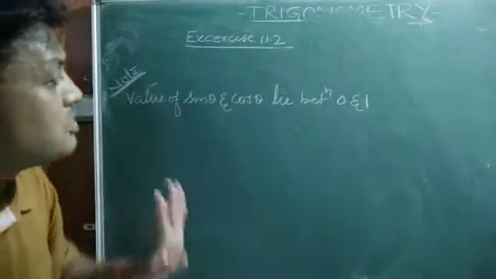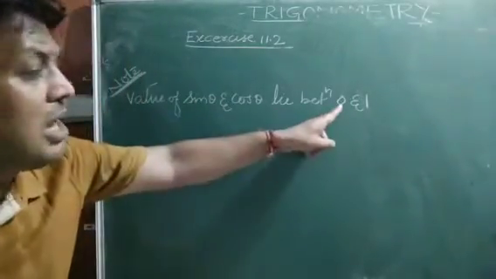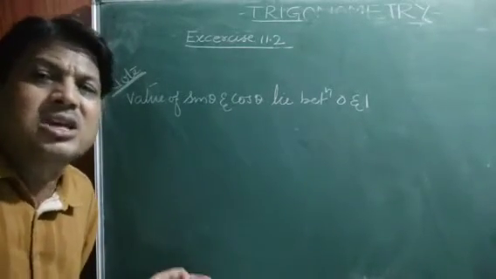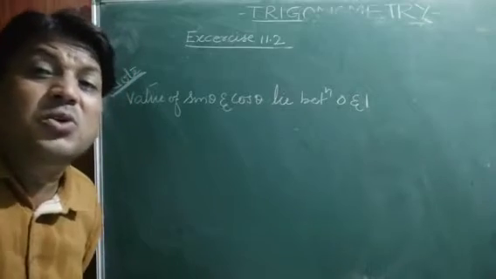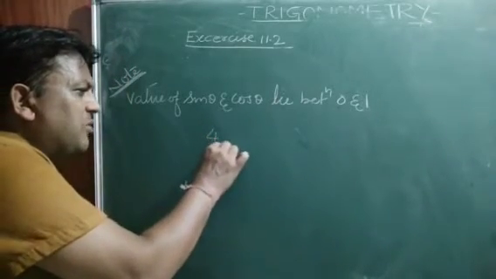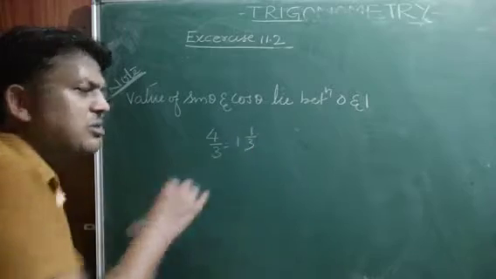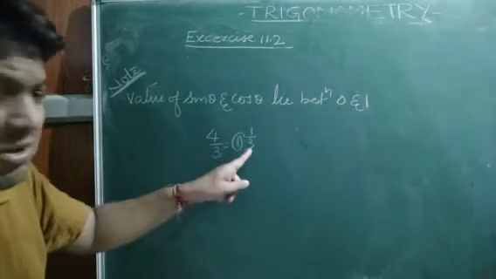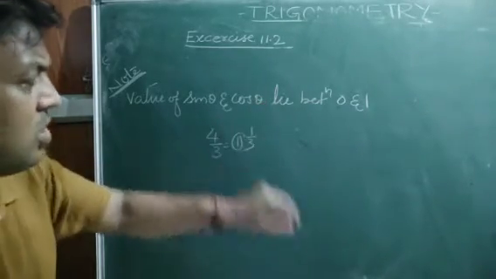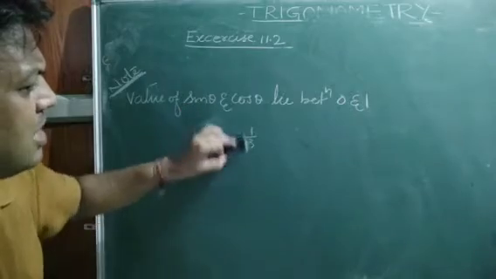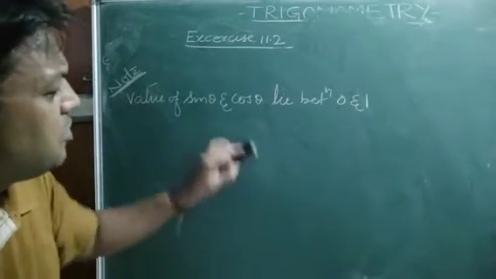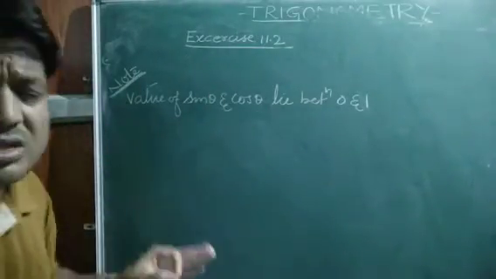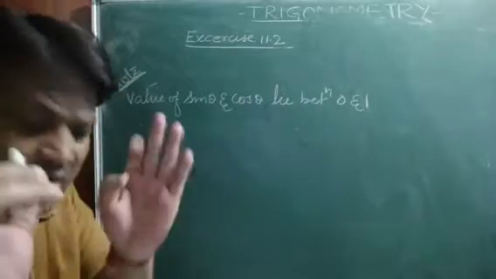So the value of sin theta and cos theta is never less than 0 or more than 1. Sometimes it is given that sin theta is equal to 4 by 3. 4 by 3 means how much children? 1 whole 1 by 3, is it not? So this value is more than 1. Is it possible? No. This value can never be more than 1. Sometimes it may be given minus 4 by 3 or minus 3 by 4. That is not possible because sin theta and cos theta values always lie between 0 and 1 children.